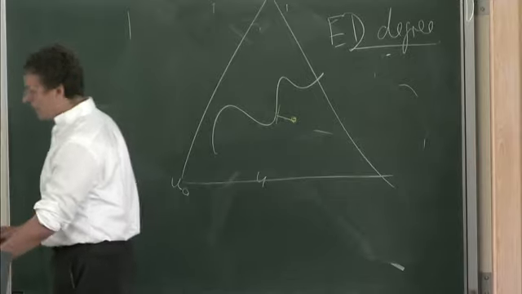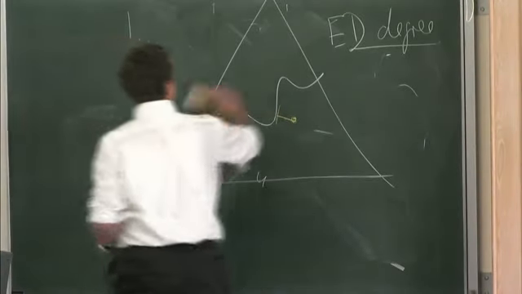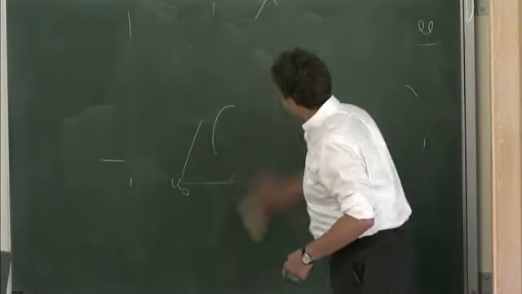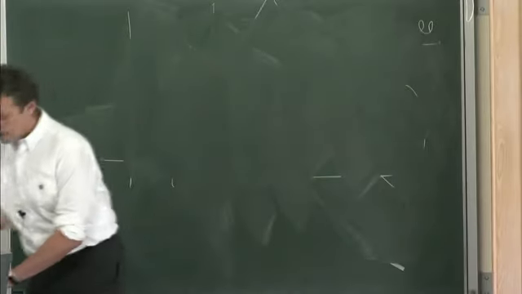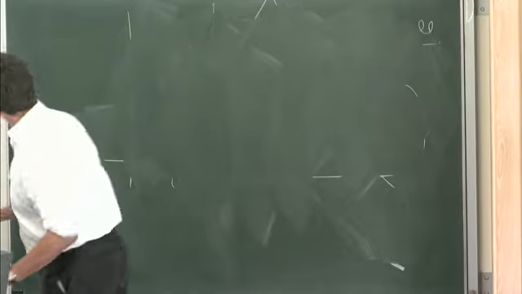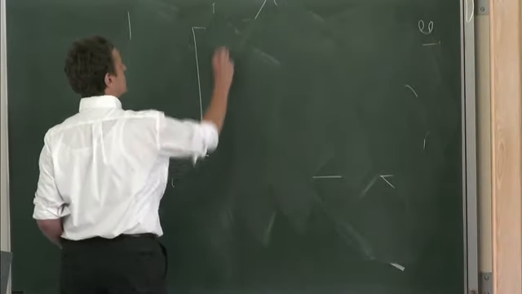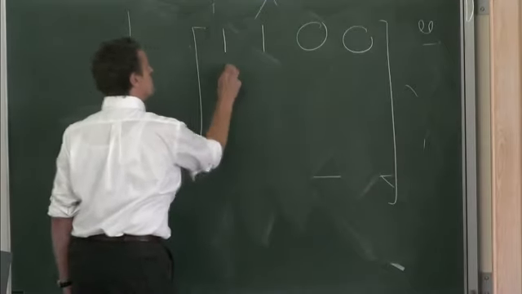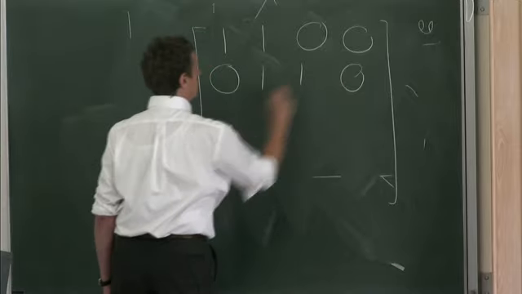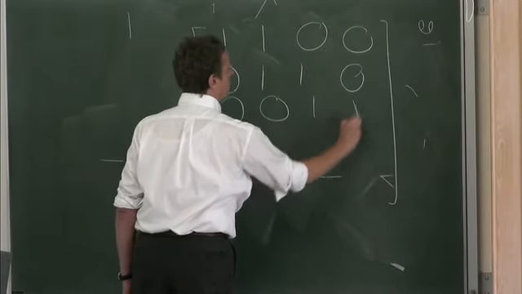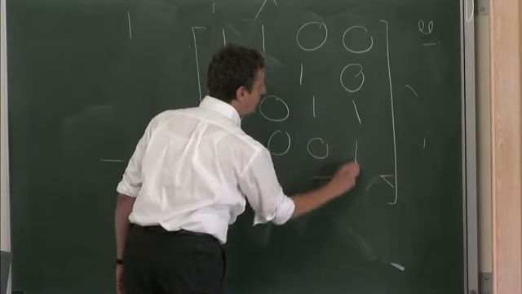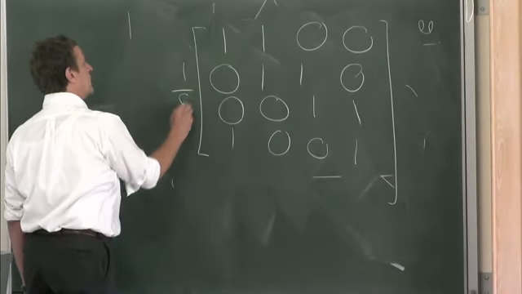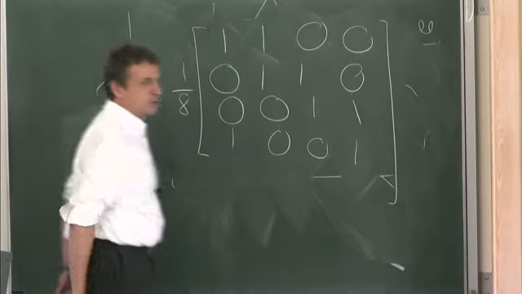Let me give you the smallest example where they differ, since we have enough time. Let's look at the following matrix: 1, 1, 0, 0, 0, 1, 1, 0, 0, 0, 1, 1, 1, 0, 0, 1. Let's scale it by 8 to make it a distribution.